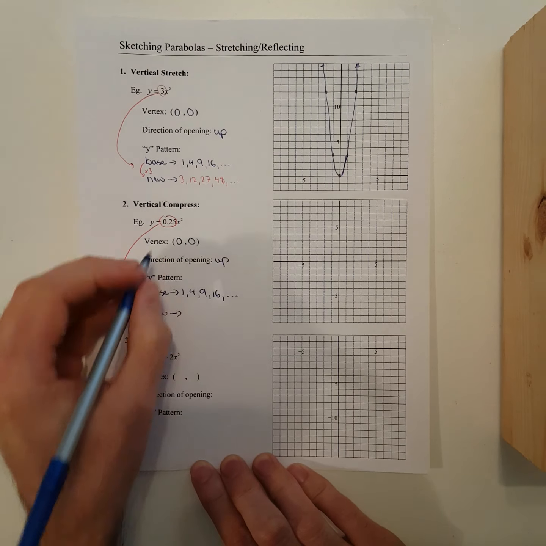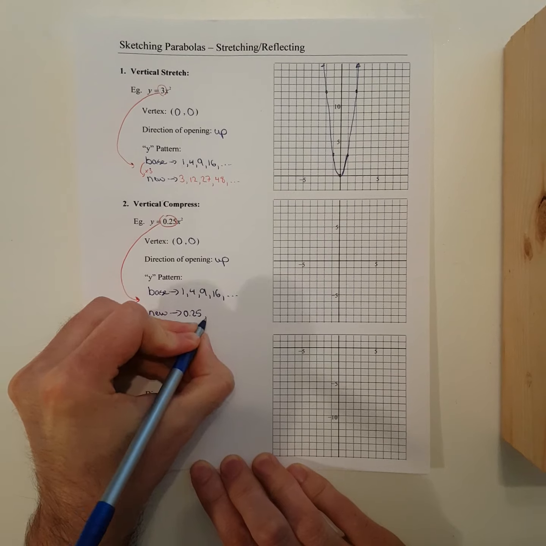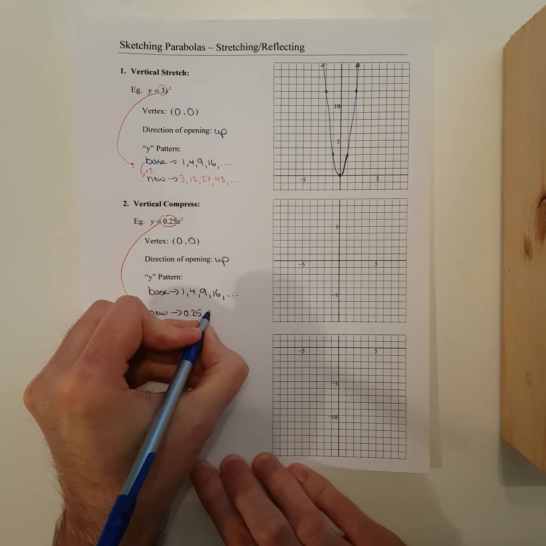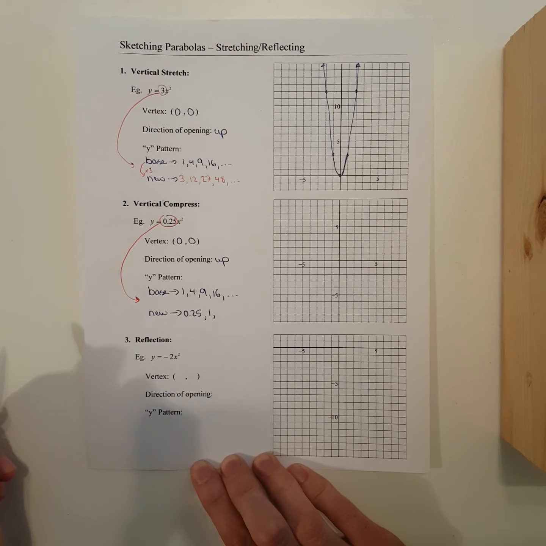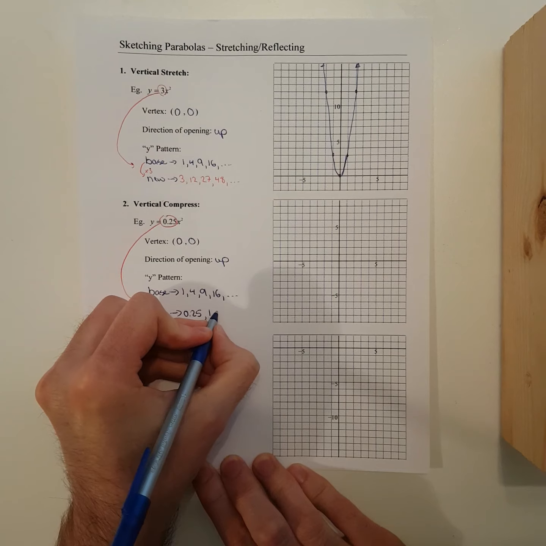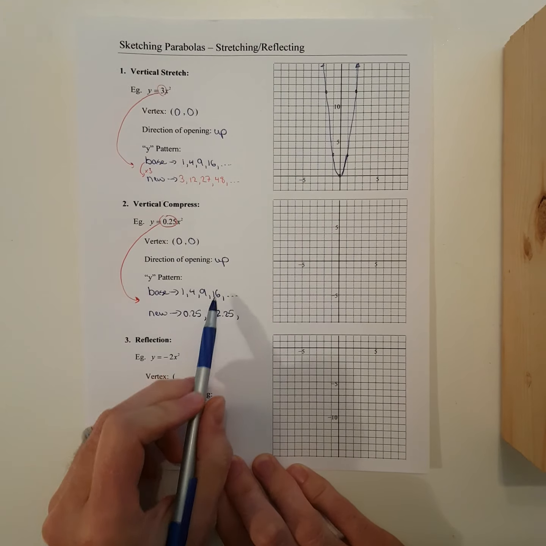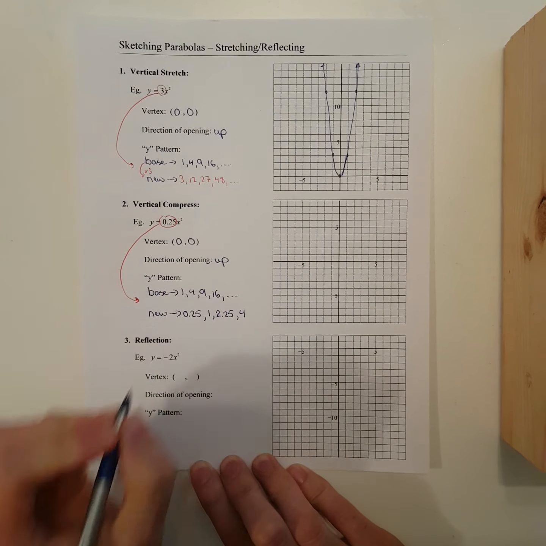If I take 1 and I multiply it by 0.25, I would get 0.25. If I take 4 and I multiply it by 0.25, I would get 1. If I take 9 and I multiply it by 0.25, I will get 2.25. And if I take 16 and I multiply it by 0.25, I will get 4.